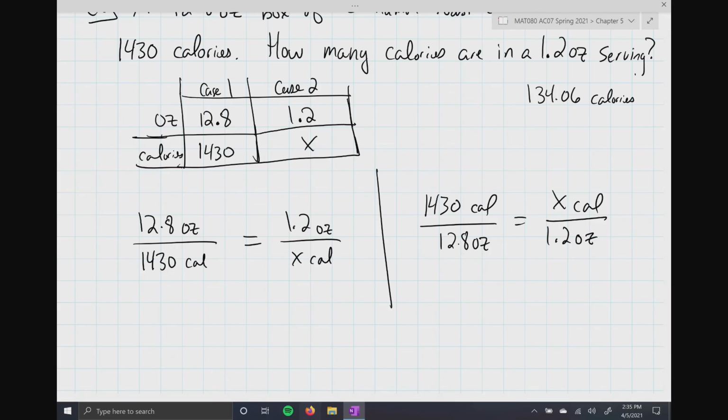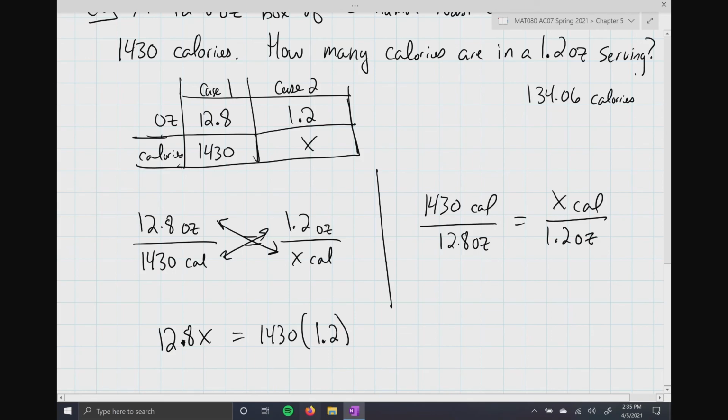And here's how you know this. When you go to cross multiply, you're going to get 12.8x equals 1430 times 1.2. If you flip them, you still get the same exact setup. It doesn't matter. What matters? Units equal units. Okay?